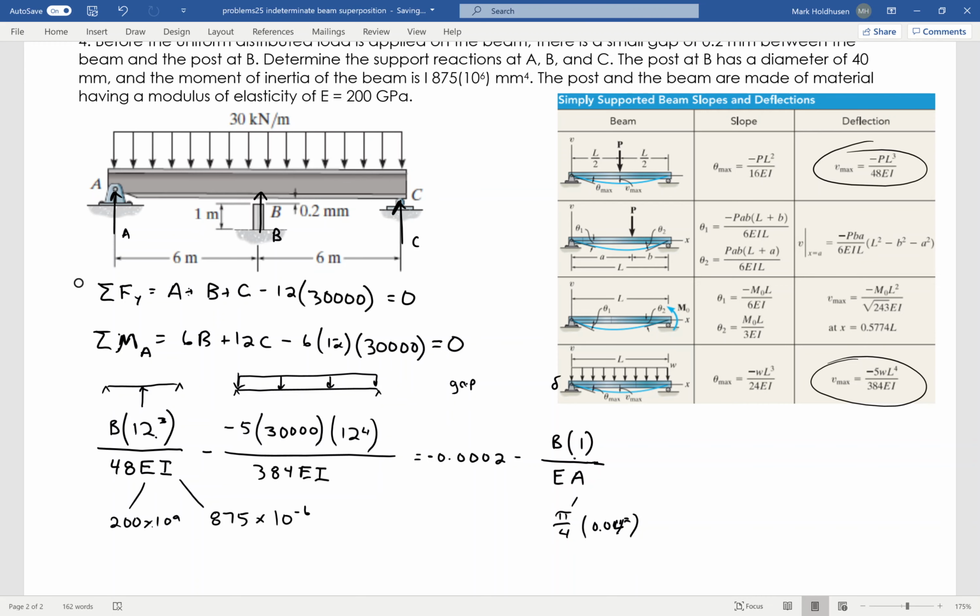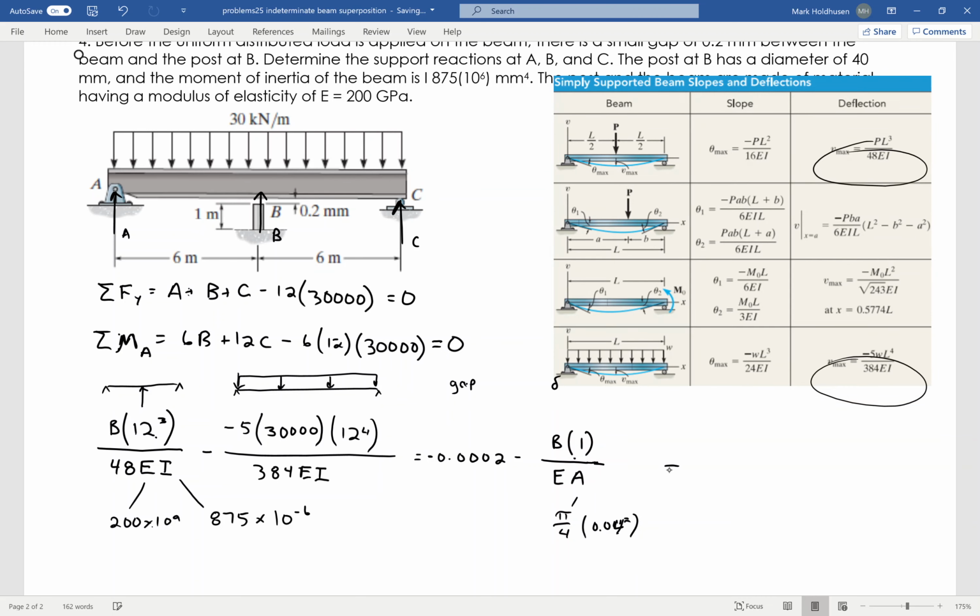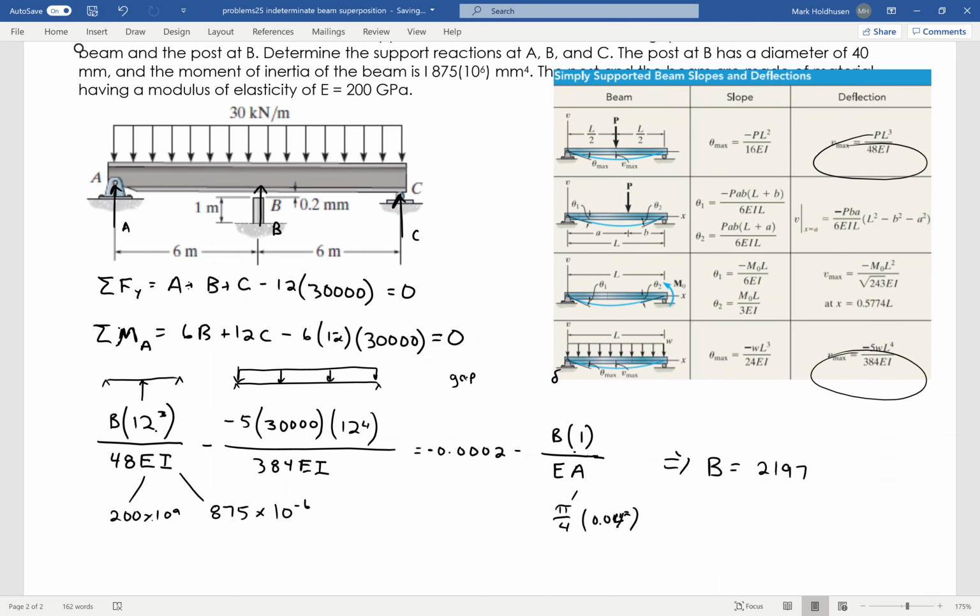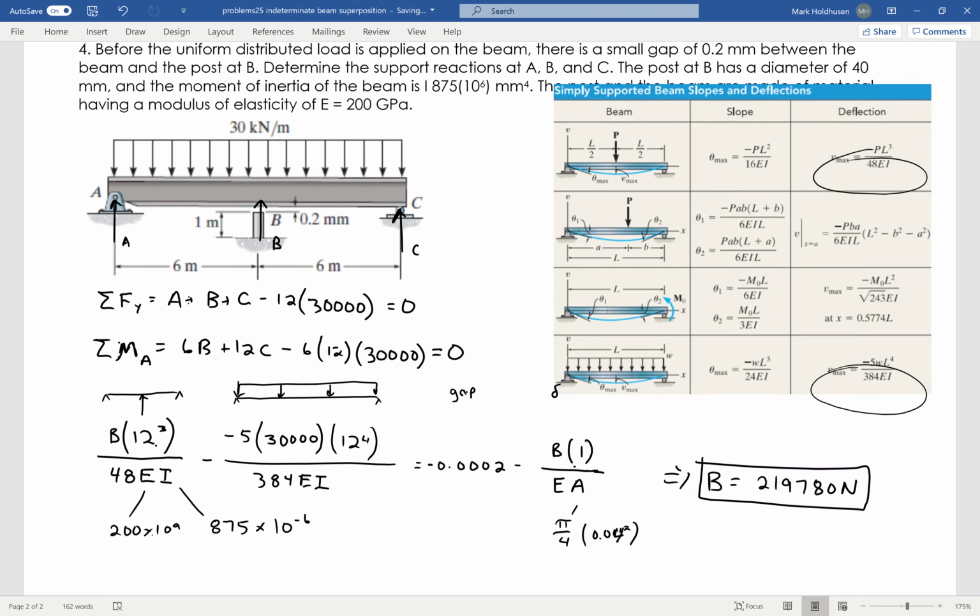Plugging all of that in, I can then find that B equals 219,780 newtons.